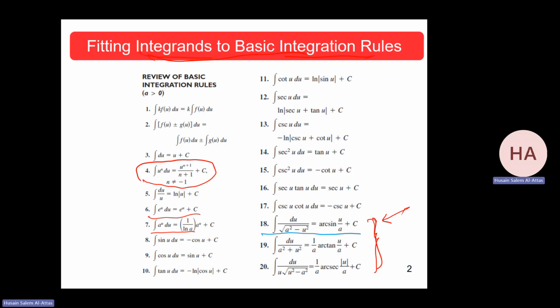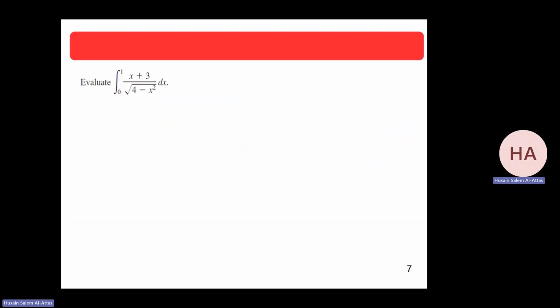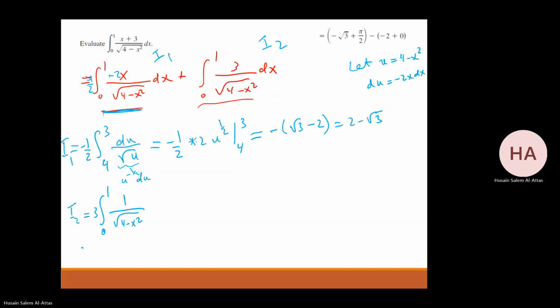So I have arcsine of x over a, x over 2. This is 2 squared, dx. So I have 3 arcsine, or sine inverse, of x over 2, from 0 to 1. Okay, that gives me what? 3 sine inverse half.